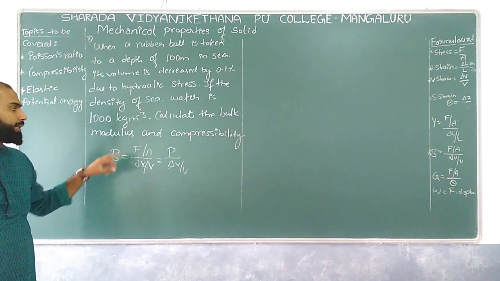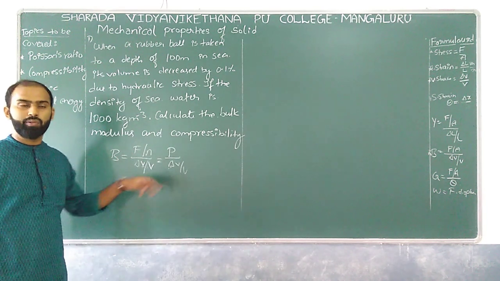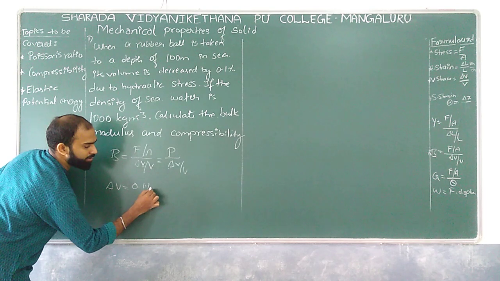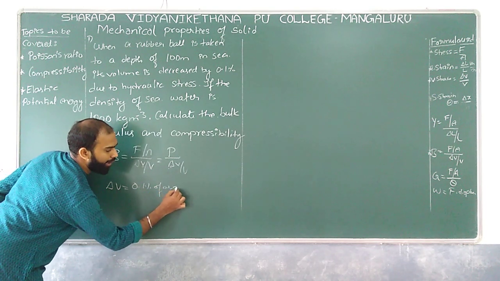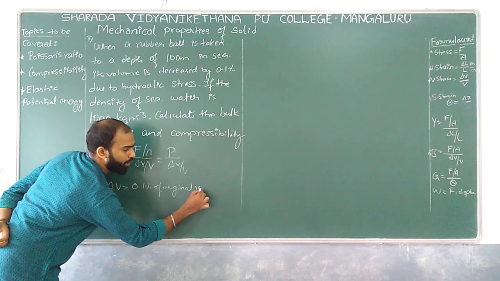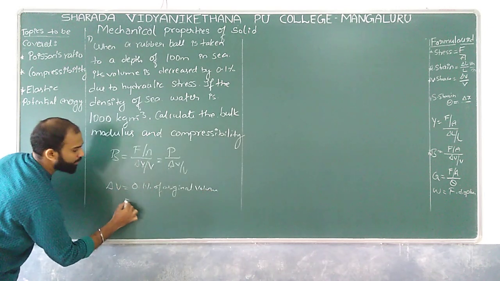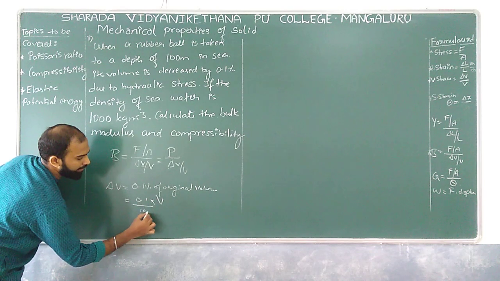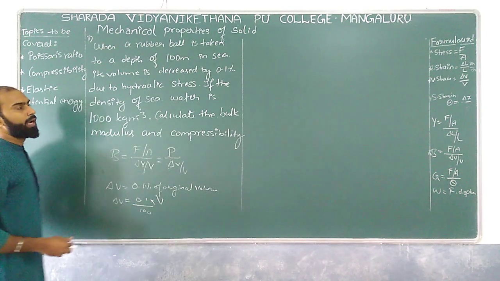Now our job is to get delta V, which is 0.1% of the original volume. So delta V is equal to 0.1 into V divided by 100. And what about the pressure?